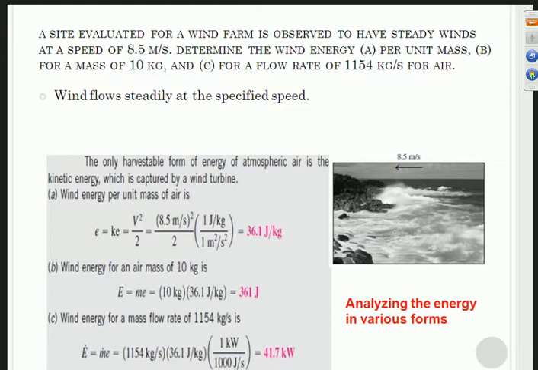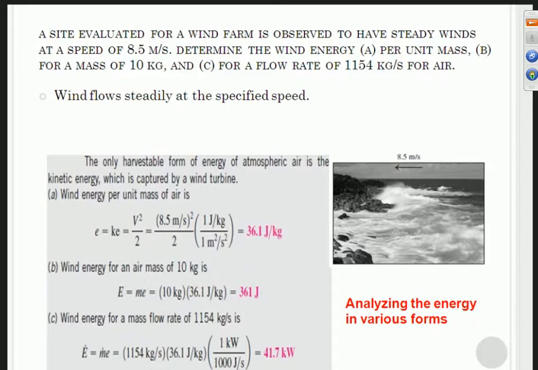Now you look into the diagram here. The wind is hitting the shore at a speed of 8.5 meter per second. Not the water here, the wind. Then what is the energy level of the wind with respect to unit mass?